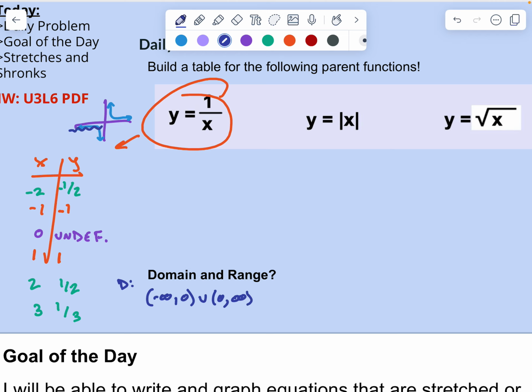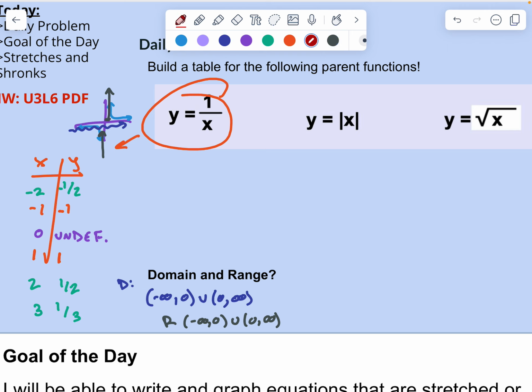That would be working from left to right on my sketch. Range would be the exact same, except we're working bottom to top. So I start at -infinity and work my way until I hit that first asymptote. And then I jump across and I start working positive until I get to +infinity. That would be the domain and range and the table for the first function.